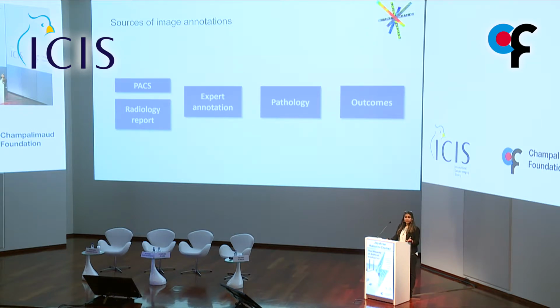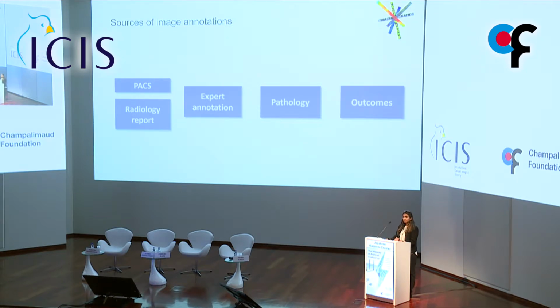The next thing that we tend to do is have experts annotate them. So very often we start off with pulling data from the PACS. We have a rough idea as to whether they're benign or malignant or whatever the other finding is. And then we have somebody go through and say, yes, no, yes, no. If you wanted segmentations, for instance, we may have experts manually outline all of the tumors. That's the next step in that process.